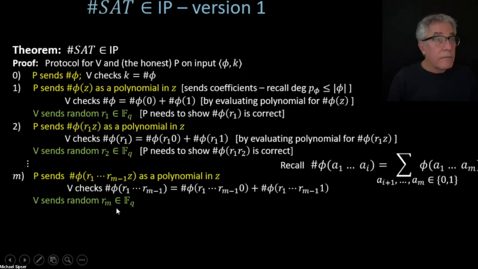And now the verifier needs to be convinced that polynomial was right. So it picks a random value, but now it doesn't rely on the prover anymore.